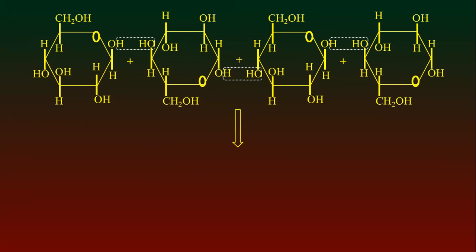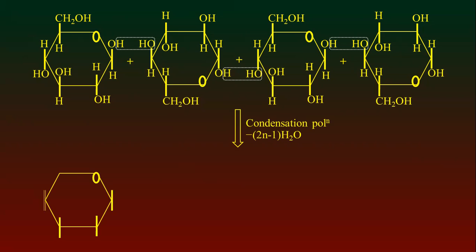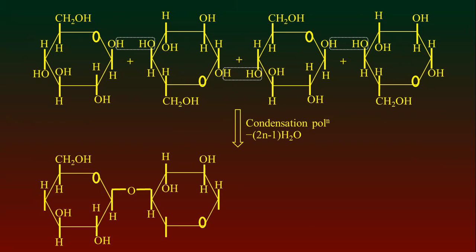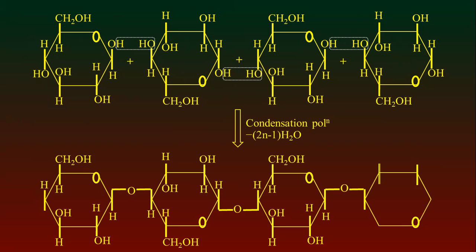Okay, after the condensation polymerization reaction, after elimination of water molecules between the two beta glucose molecules, we prepare the polymeric structure. That means the cellulosic structure can be produced here.